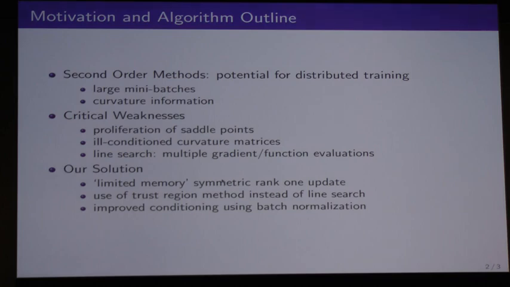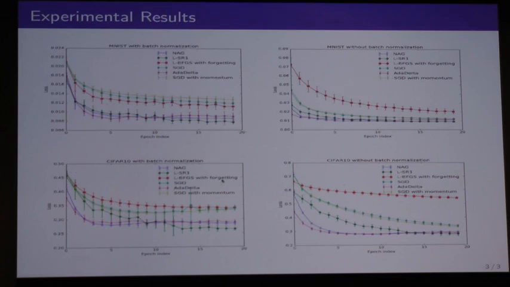We can also use a trust region method instead of a line search to make parameter updates, which helps us avoid a line search. Our hypothesis was that we could improve conditioning of the curvature matrices using batch normalization, and this is something we tested empirically.